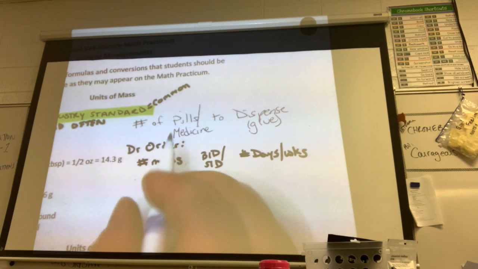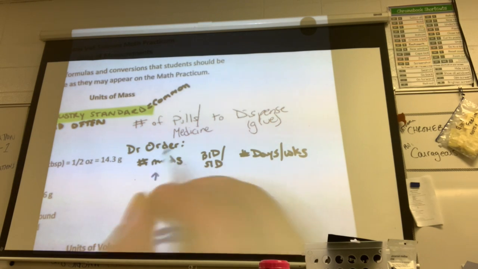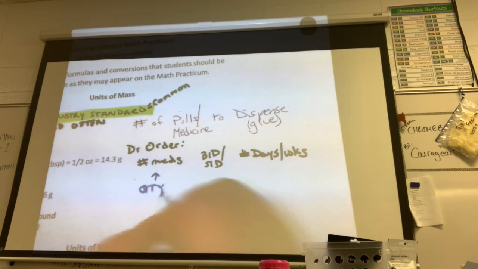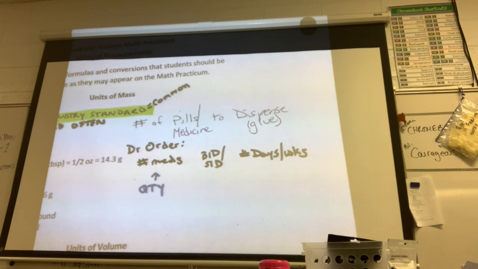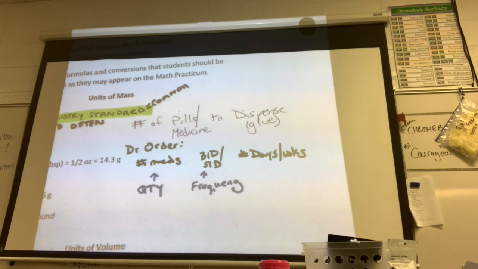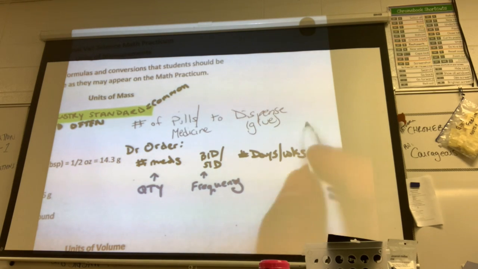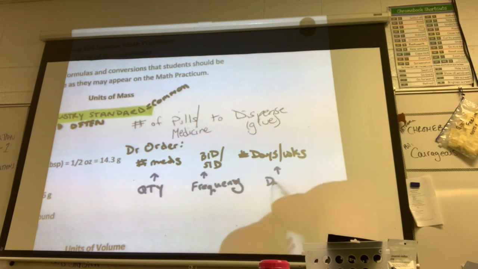And what this is telling me, so this number of meds is the quantity. This BID, SID, this is going to be my frequency. And then this days or weeks is the duration.